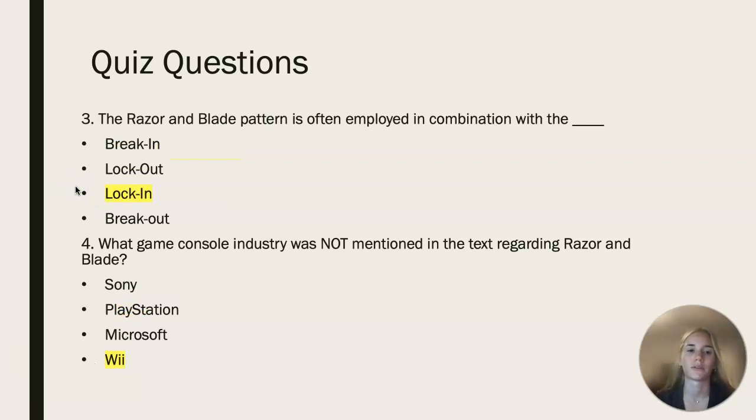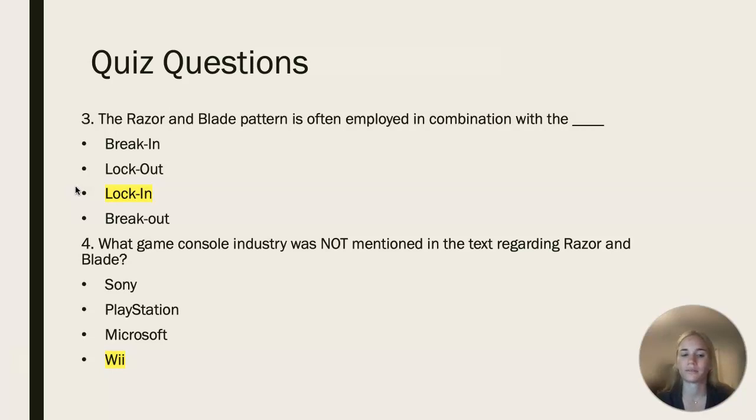Quiz question number 3. The razor and blade pattern is often employed in combination with the A. Break-in, B. Lockout, C. Lock-in, or D. Breakout. The correct answer is C. Lock-in. For number 4, what game console industry was not mentioned in the text regarding razor and blade?